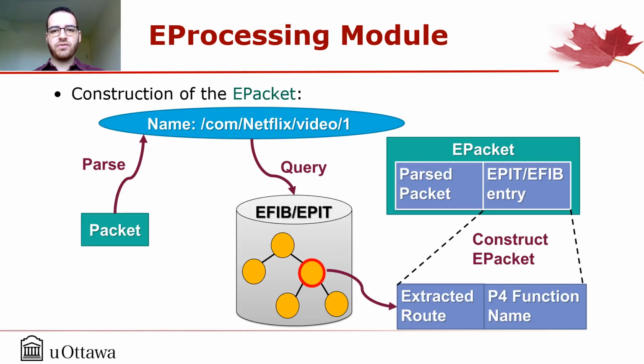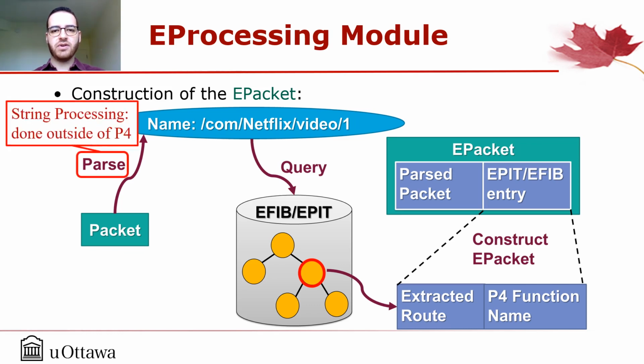Let's now look at an overview of the EProcessing module as a whole. When an NDN packet is received, it is first parsed to extract the values of the different header fields, the most important one being the content name. The parsing is done here and not in P4 because it involves a lot of string processing that P4 cannot do efficiently.